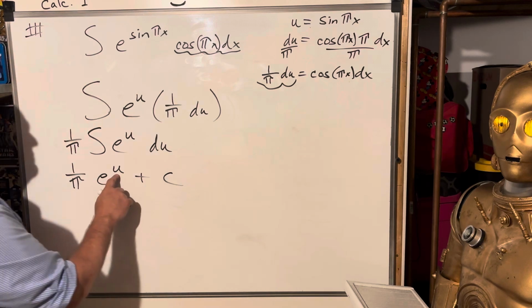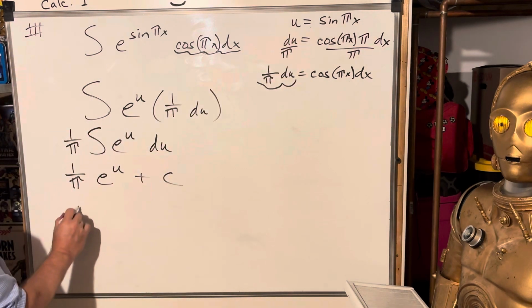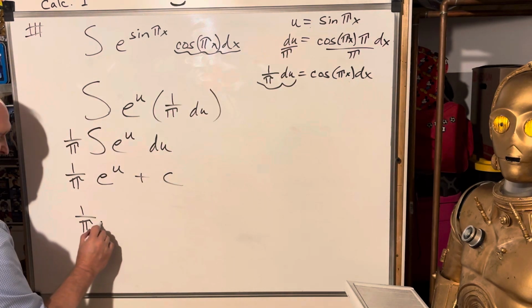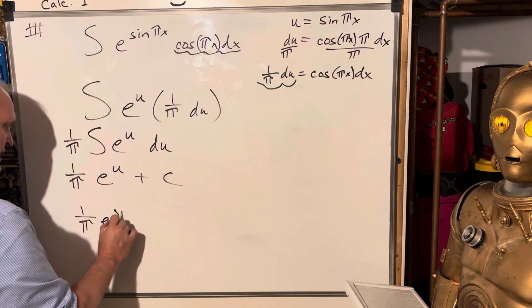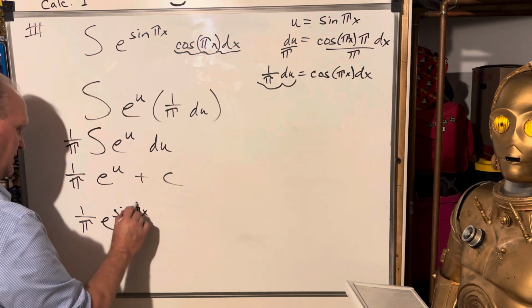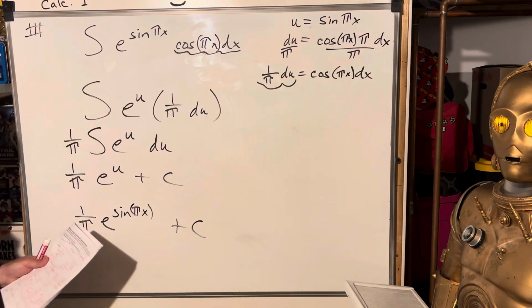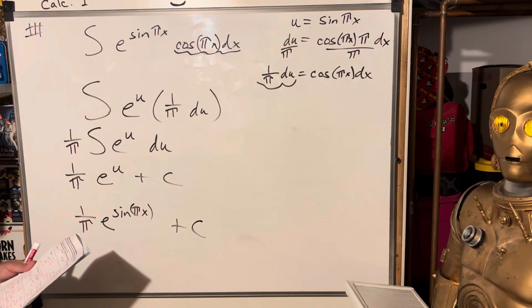And now we have to put the u back in. So 1 over pi times e to the sine pi x plus c. Okey-dokey.